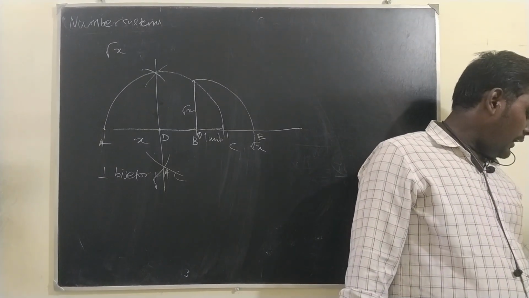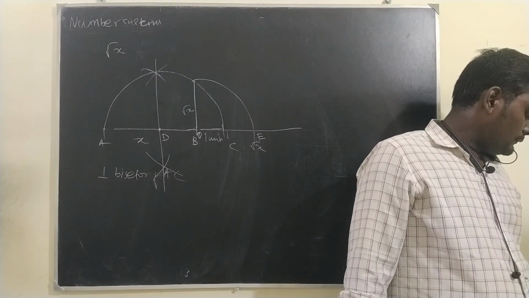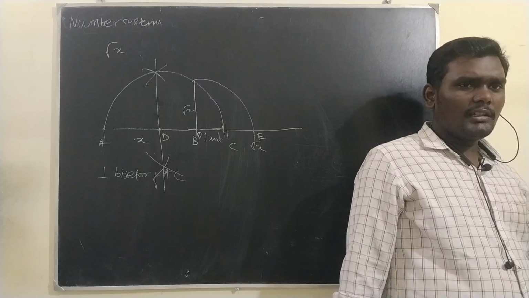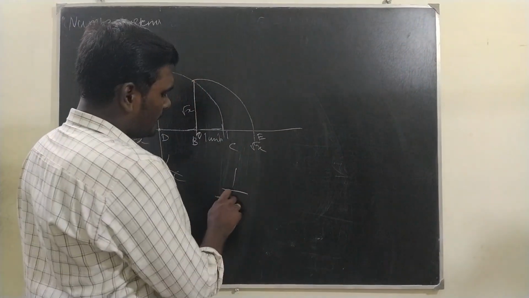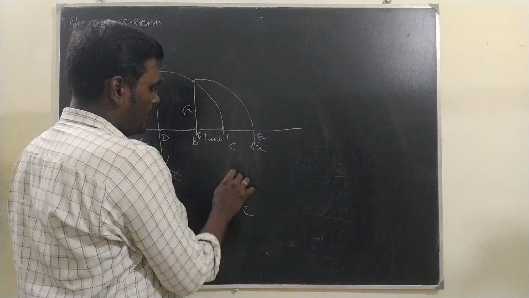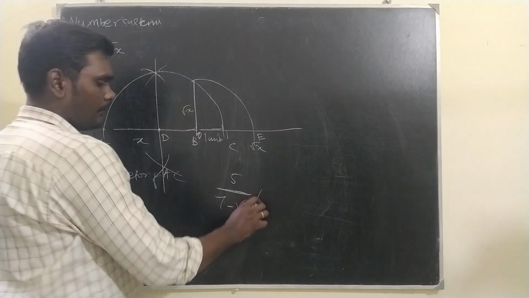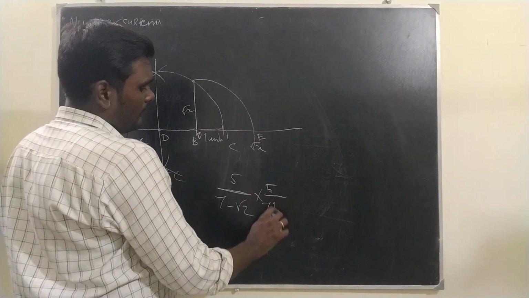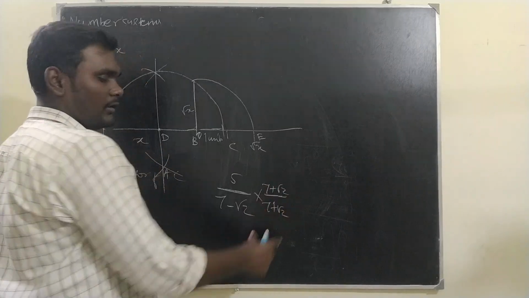And then next, properties, exponents and powers. Rationalization of the denominator we already discussed, right? For example, 1 by 7 minus root 2. How will you rationalize the denominator? 7 plus root 2 by 7 plus root 2.